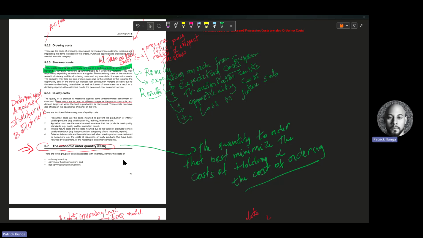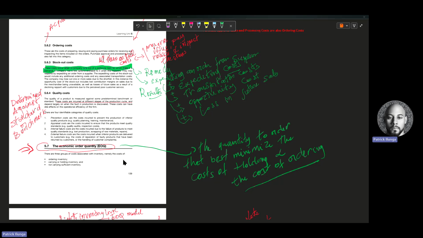You have prevention costs. These are costs to prevent the production of inferior quality products. Another cost is appraisal costs, incurred to ensure that the product meets the quality standards. An example would be quality audits. In many companies, they have quality audit and inspection costs.